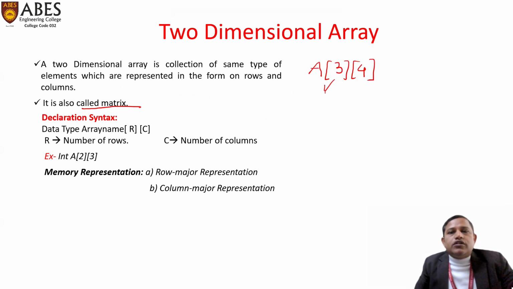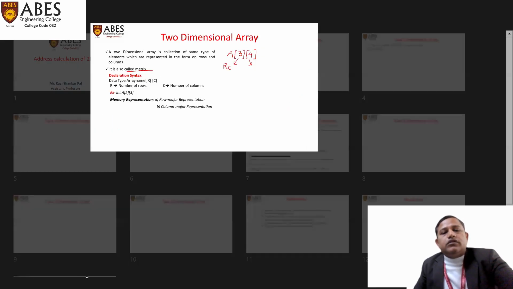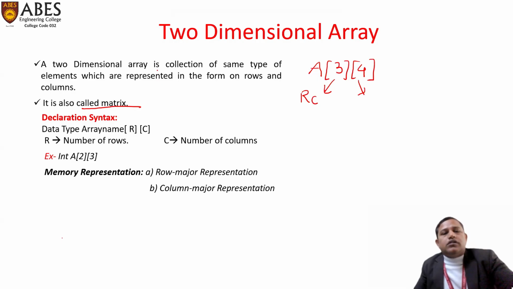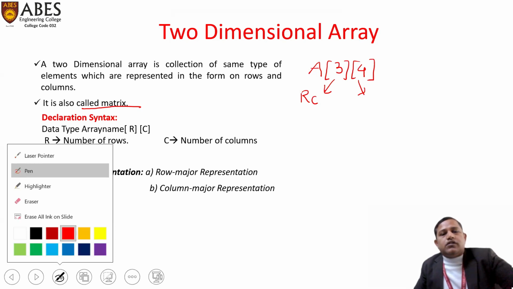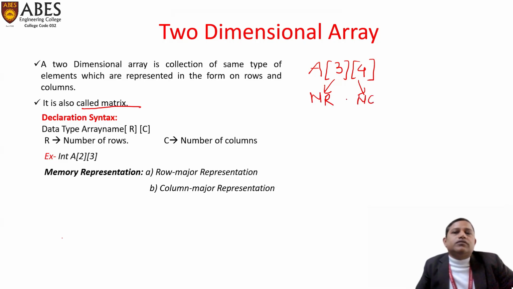Here 3 represents the number of rows in a matrix and 4 represents the number of columns.